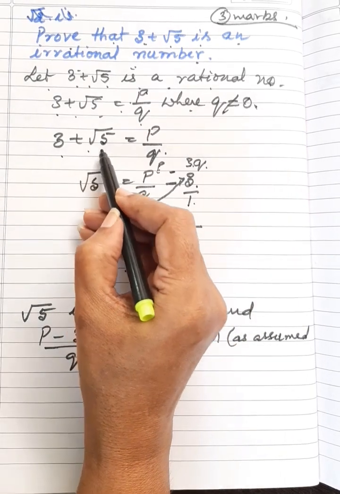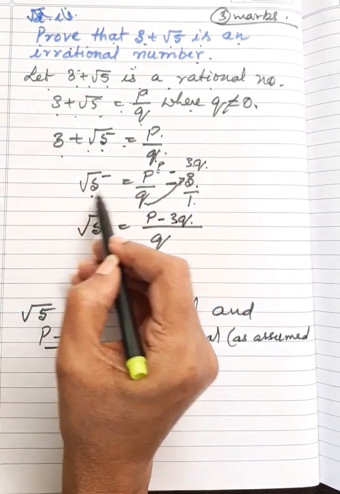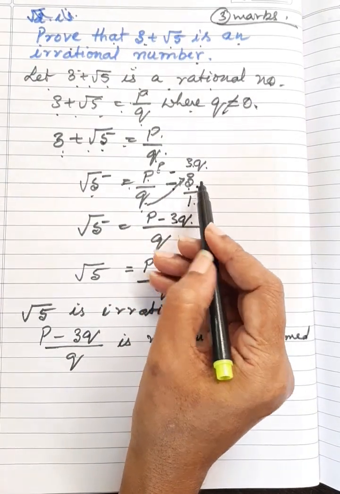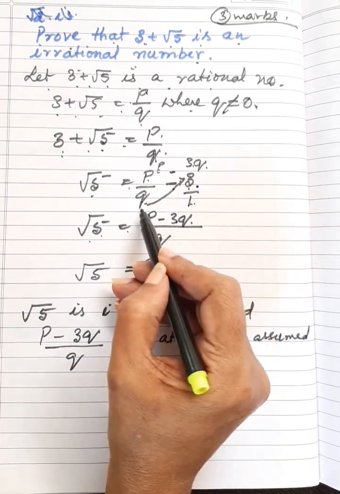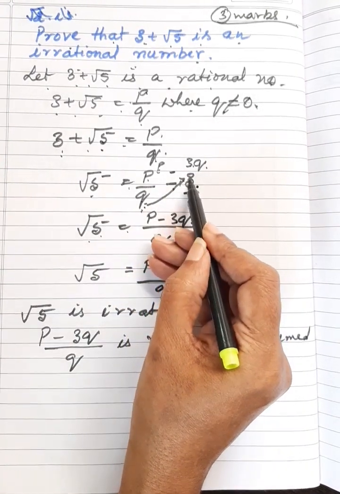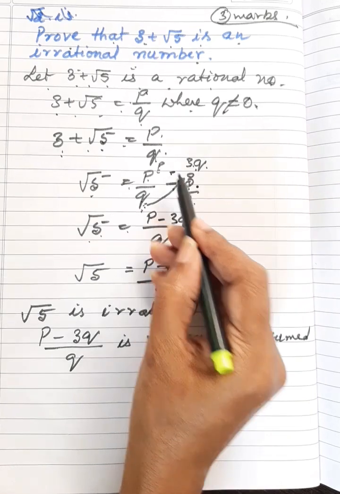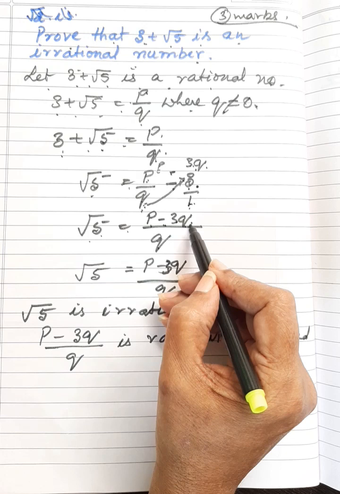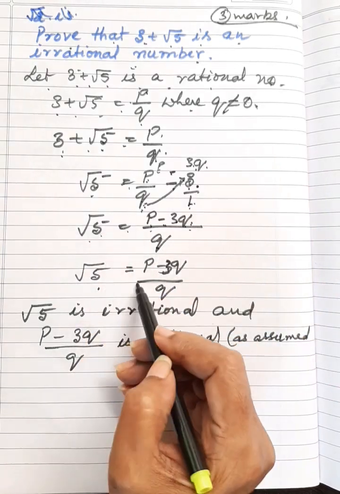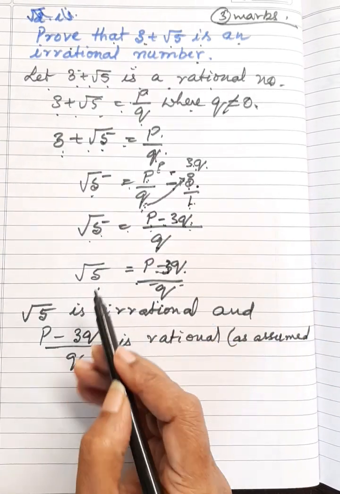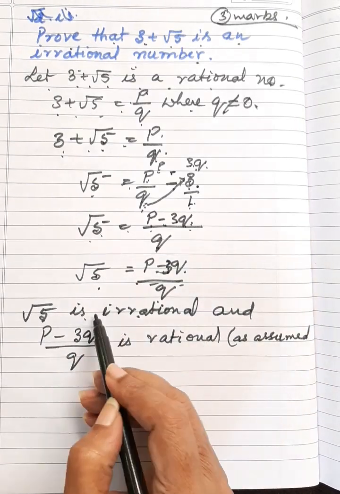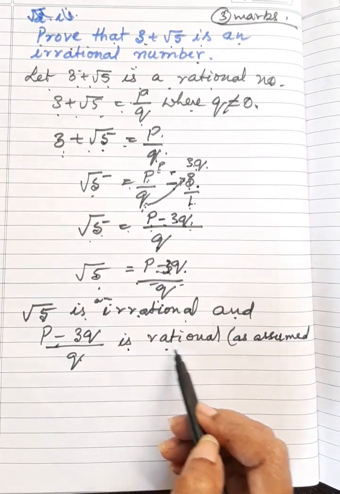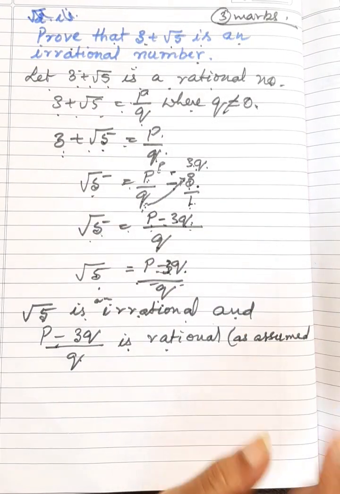So here 3 plus root 5 is equal to P by Q. Now root 5 equals, this 3 you transpose to the right hand side, P by Q minus 3 you will get. After that root 5 is equal to, take LCM of these two. While multiplying 3 and Q, 3Q you will get with a minus sign. While multiplying 1 and P you get P minus 3Q by Q. Now root 5 is equal to P minus 3Q by Q. Now this root 5 is an irrational number and P minus 3Q by Q is rational, which is as assumed.